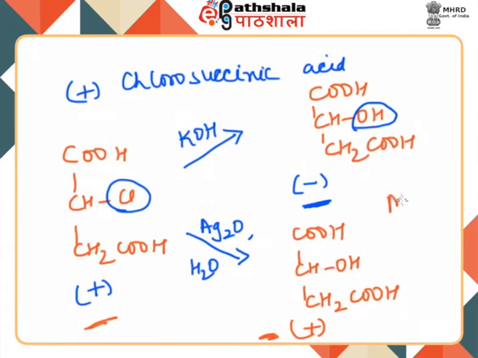So these are the malic acids, and this is just the reverse of the reaction we have studied just now. And we can carry out the hydrolysis of chlorosuccinic acid, by replacing this chlorine with OH, either by inversion as happening here with KOH, or with retention in configuration as is happening with aqueous silver oxide.